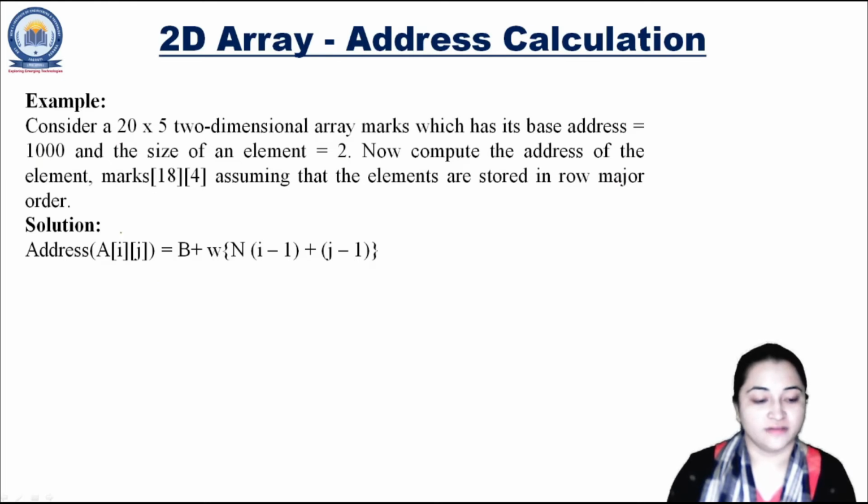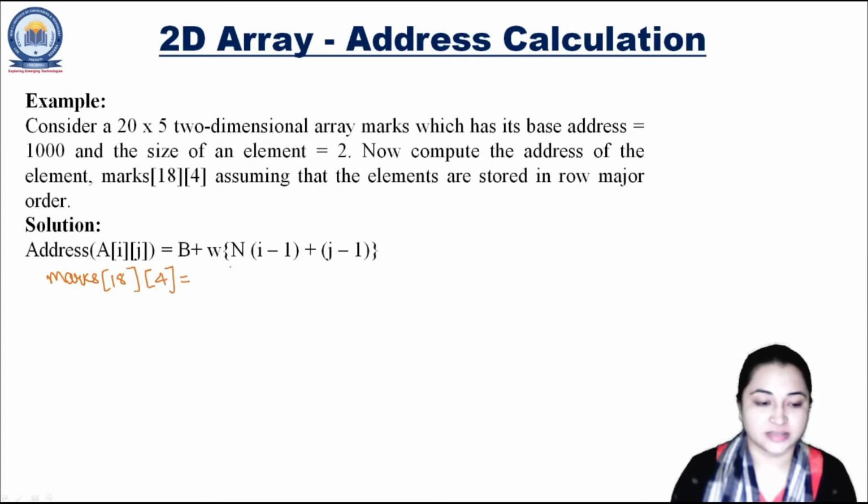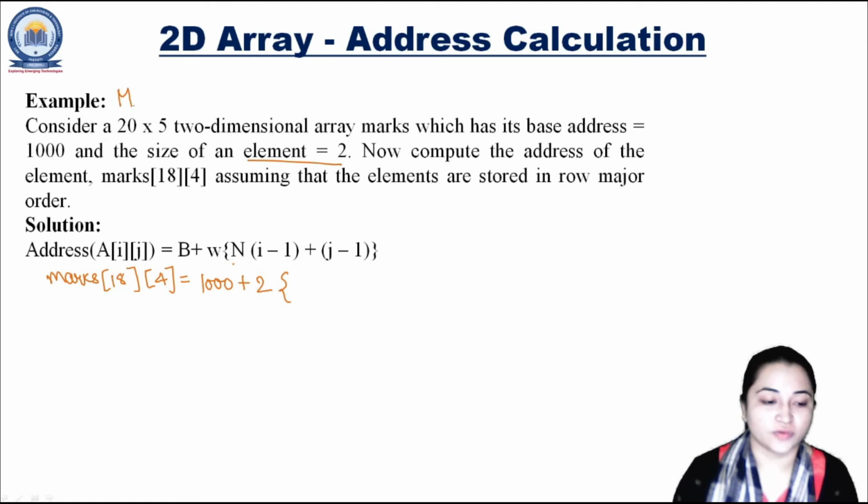Now if we want to find the address of the element at index 18 and 4, what will we do? We will take the base address, that is given as 1000. The size of the element is 2 bytes, so we will take W as 2. Then what is the value of N? This is the number of rows and N is the number of columns, so we can take N as 5.